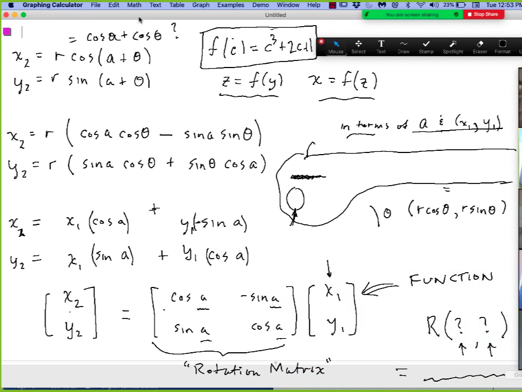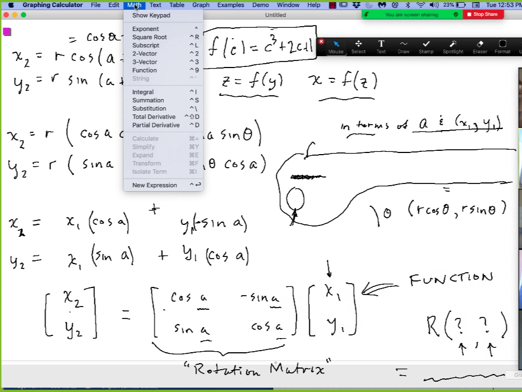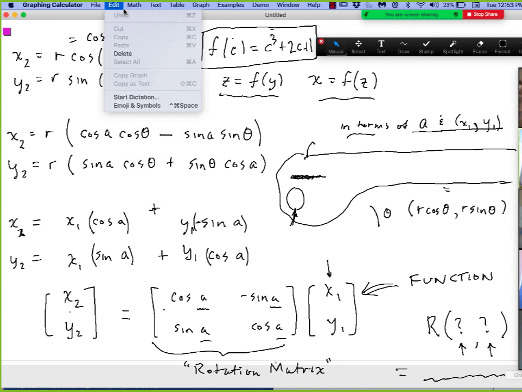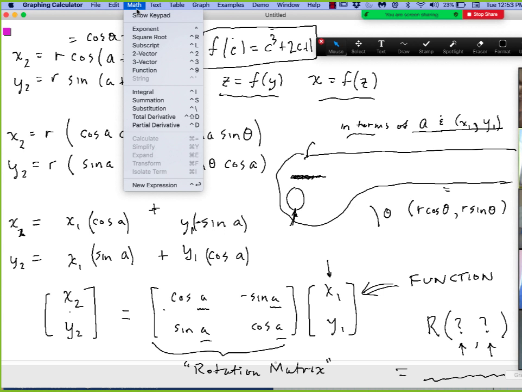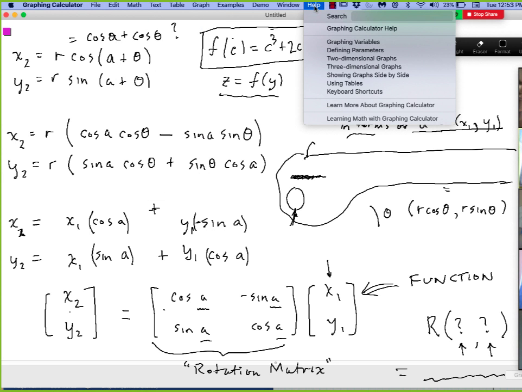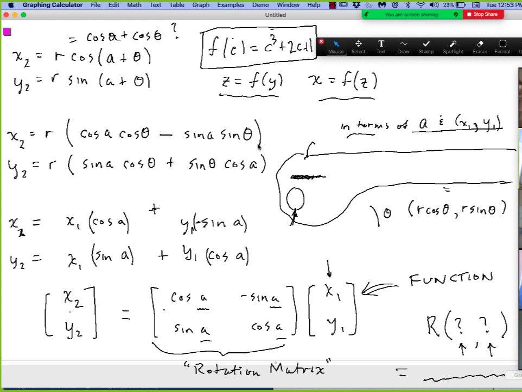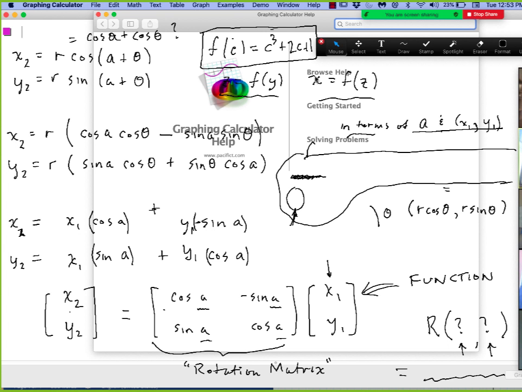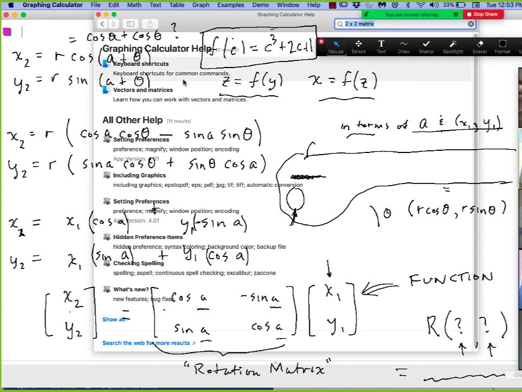If you go in the math menu, somewhere there's a way to do 2x2. Keyboard shortcuts.